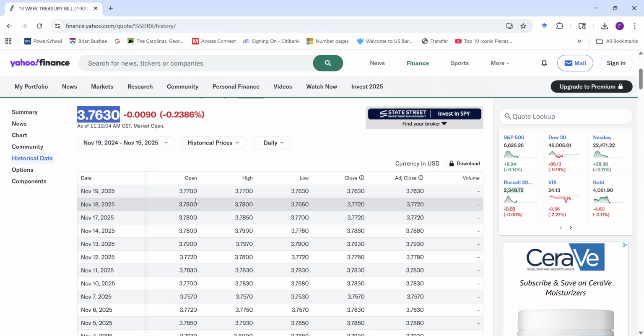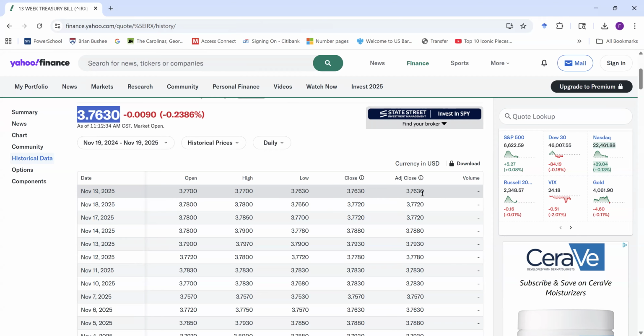So all the values that show up here, after you choose 5 years, monthly, those values are gonna be annual. You're gonna use the adjusted close, and you're gonna transform those values into monthly interest rates. You start by dividing those values by 100. For the first one, you're gonna have 0.03763.